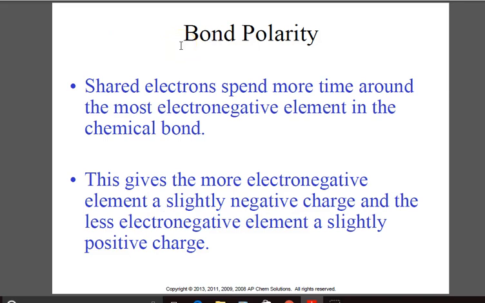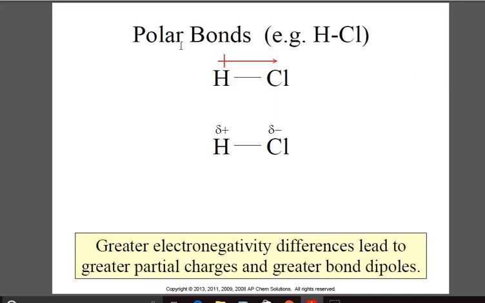Now these charges are called partial because it's not like one of the elements is completely taking the electrons away, but they're just spending more time around that element, and so that's why it's a partial charge. If it was a complete charge, then we would have ions, and it would be an ionic compound. But we're still talking about covalent compounds, still sharing, just not sharing equally.